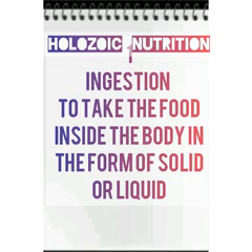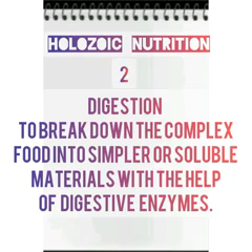Second step is digestion. After intaking the food materials inside the body, the decomposition or breaking down of food material is started with the help of different kinds of enzymes of the body.